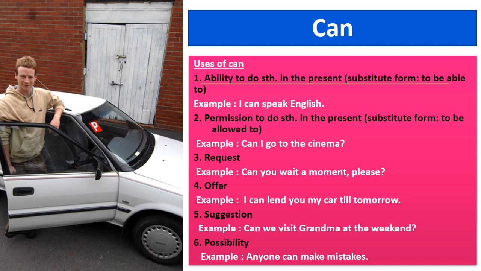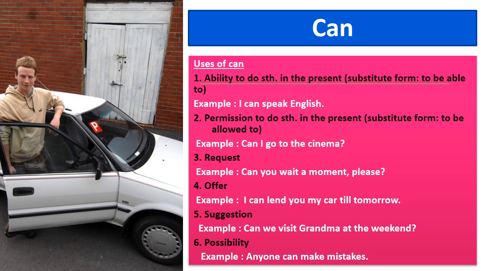Number 3, request. For example, can you wait a moment please? So we are making a request using can. Number 4 is offer. For example, I can lend you my car till tomorrow. Number 5, suggestion.